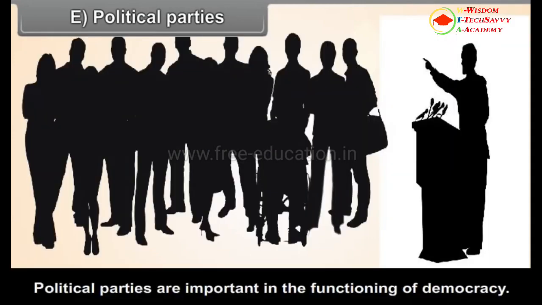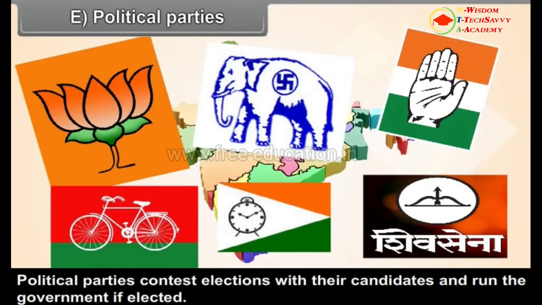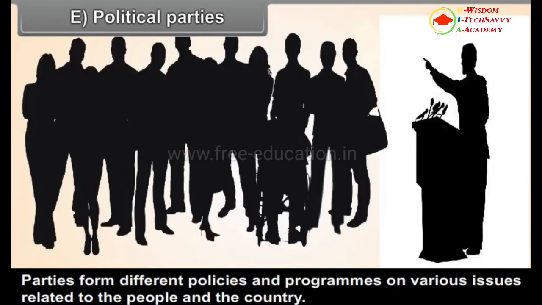E. Political parties. Political parties are important in the functioning of democracy. A political party is a group of people who share same ideas about public questions. Political parties contest elections with their candidates and run the government if elected. Parties form different policies and programs on various issues related to the people and the country.